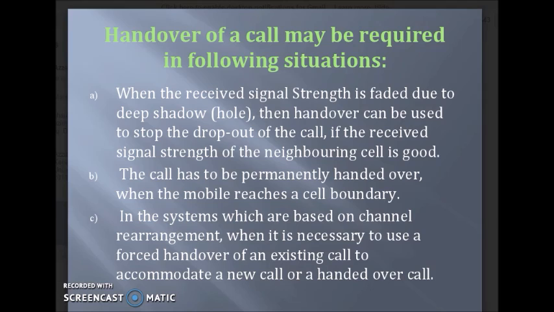Handover of a call may be required in the following situations. First, when the received signal strength is low due to deep shadowing or fading, handover can be used to stop the dropout of the call if the received signal strength of the neighboring cell is stronger. Second, the call is permanently handed over when the mobile reaches the cell boundary.